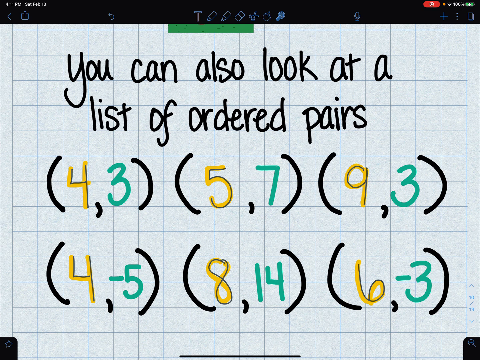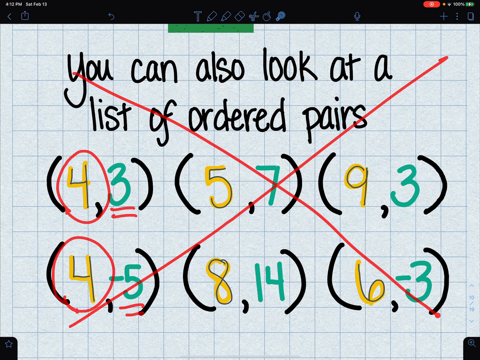Makes sense? If I put in 9, I get a 3. Okay, cool. That's fine. If I put in a 4, I get a -5. Wait a minute. I already saw 4 up here. So if I put in 4 quarters or something, I'm going to get either this or this. No, I don't like that. That is not a good function. That's a bad function. It chooses for me. No, I'm not happy with that, so this is not a function.